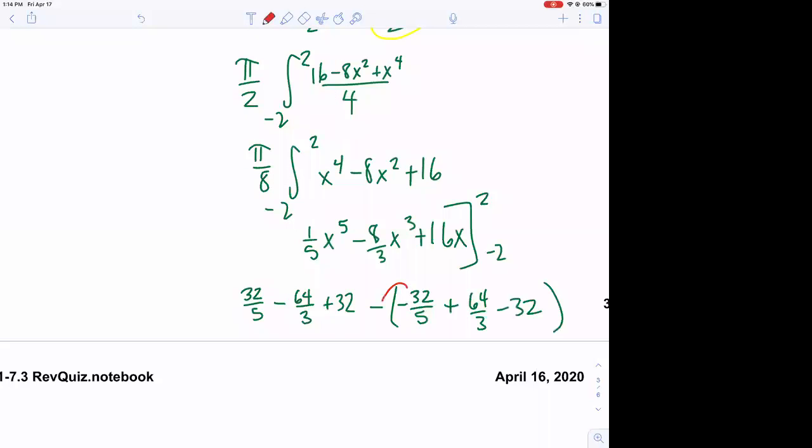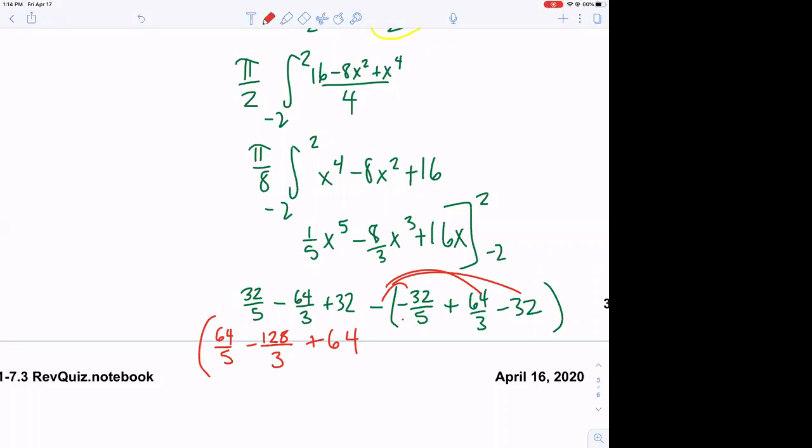And then we distribute this in there, so we're going to have double of everything. So I have 32/5 plus 32/5 is 64/5. Minus 64/3 minus another 64/3 is minus 128/3 plus 64.